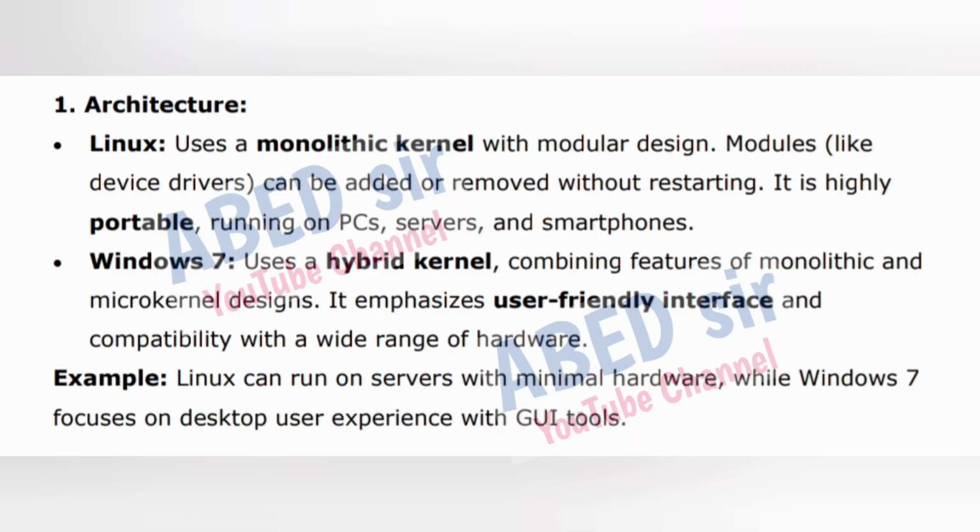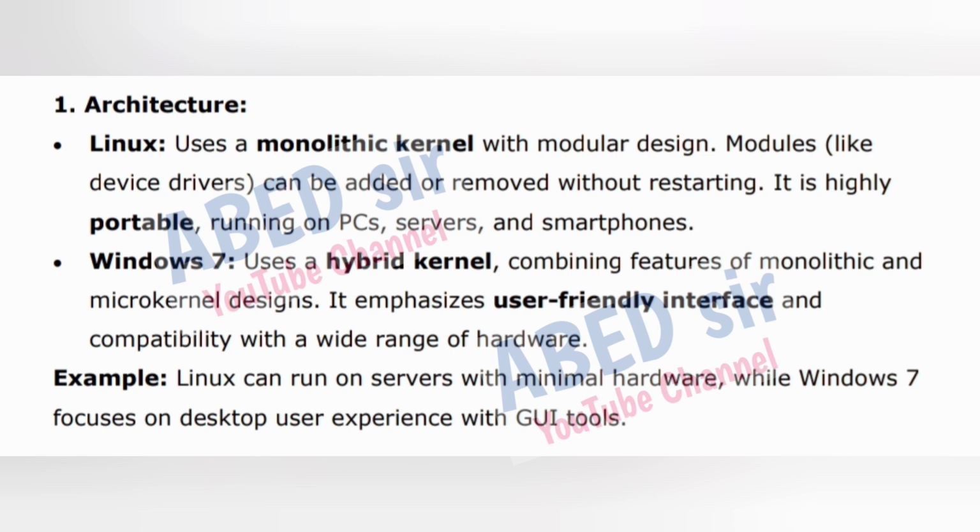1. Architecture. Linux uses a monolithic kernel with modular design. Modules, like device drivers, can be added or removed without restarting. It is highly portable, running on PCs, servers, and smartphones.